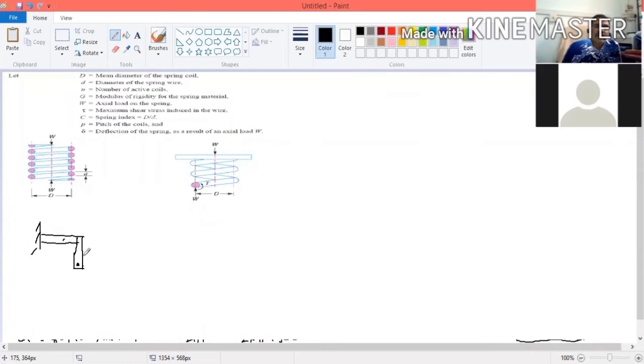When a force is applied perpendicular to that surface, this will try to rotate. Now let us assume that the force is equal to W and the distance is equal to R, or d by 2, the radius. Then the twisting moment applied on this is equal to W into R.